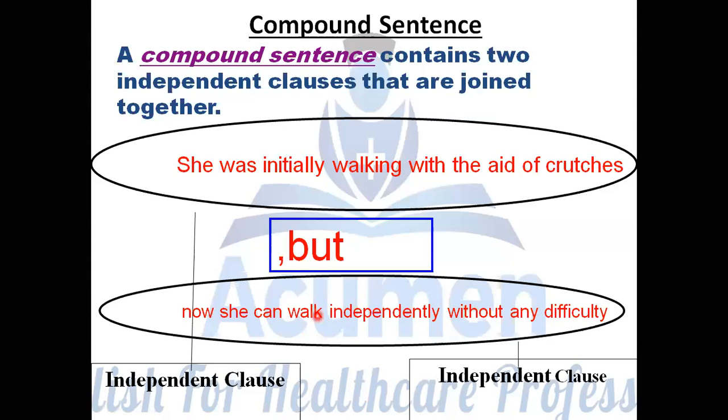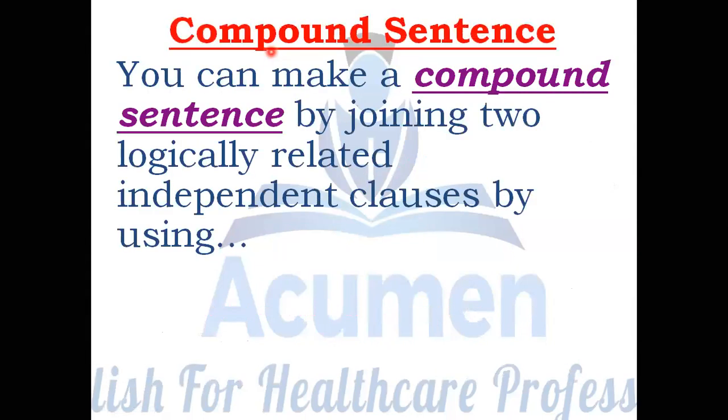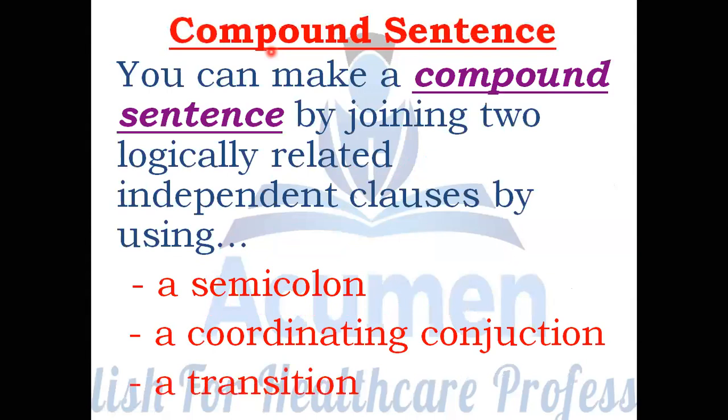And because there is contrast, here it says that she required crutches, and here it says that she walks independently, I have chosen the conjunction but. So when you connect two independent sentences using the conjunction and or but, it is known as a compound sentence. You are connecting them because they are logically connected, related to each other.